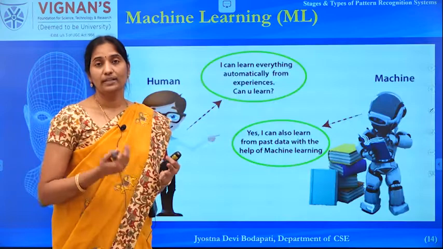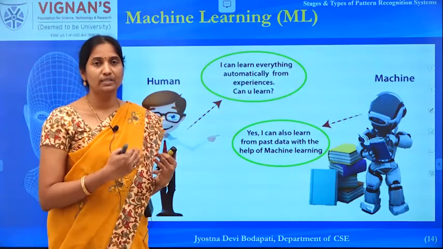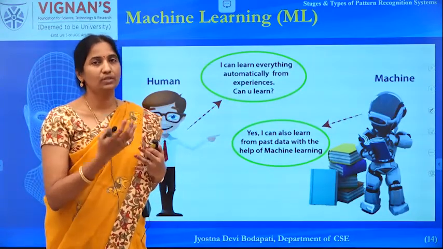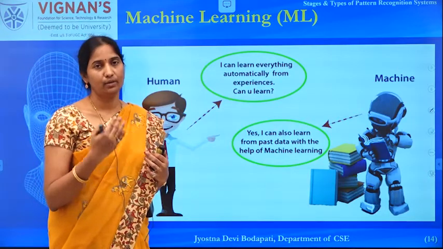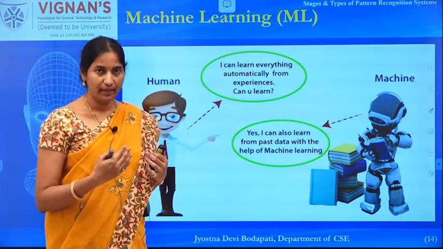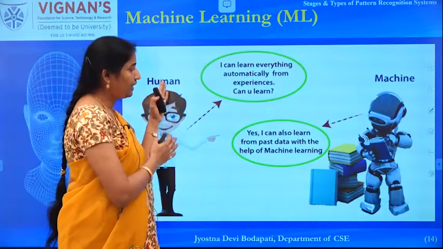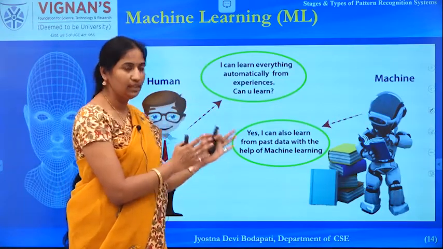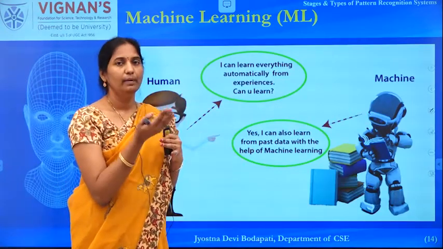Now let's try to understand how we humans learn. We humans learn based on the experiences that we come across in day-to-day life, right? If we can incorporate such kind of learning in machines, that is called machine learning.